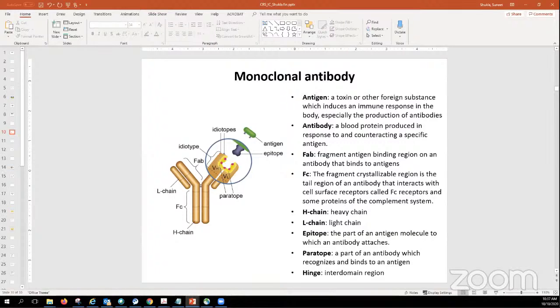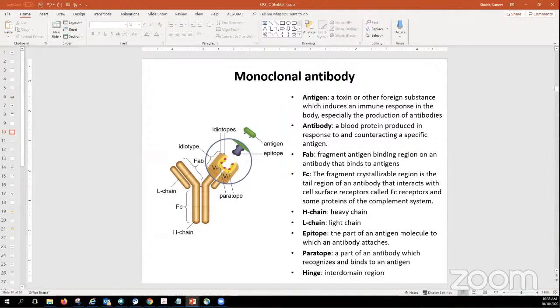The FAB part, which is shown in the circle, is the fragment antigen binding region. It binds to the antigen, and the FC part, which is the bottom part, is a crystallizable region in the tail region of the antibody.